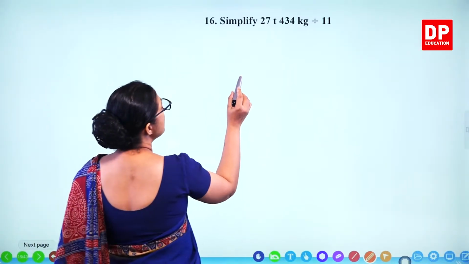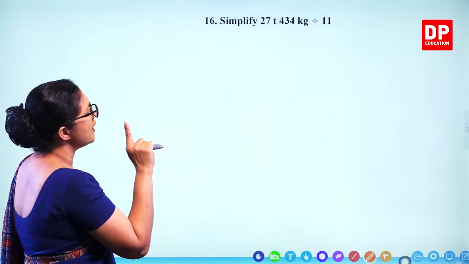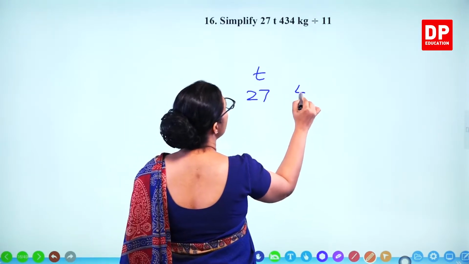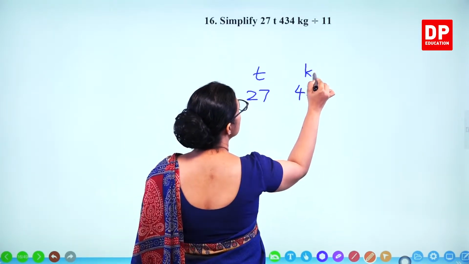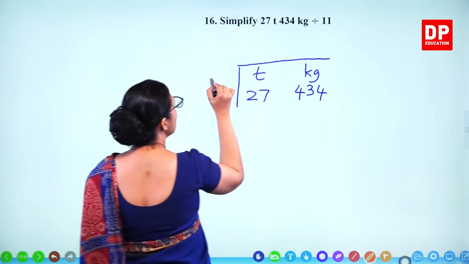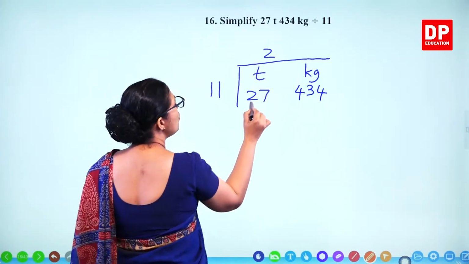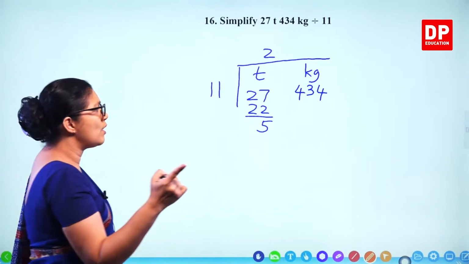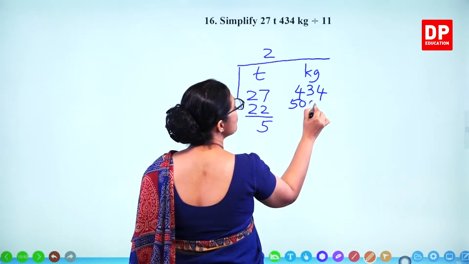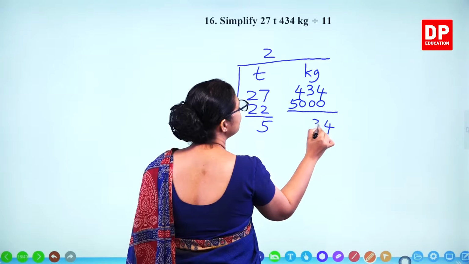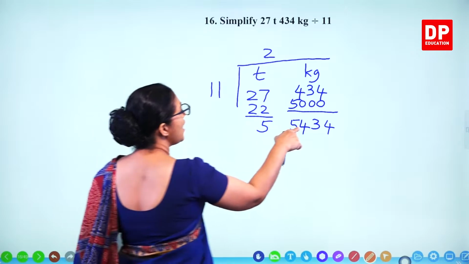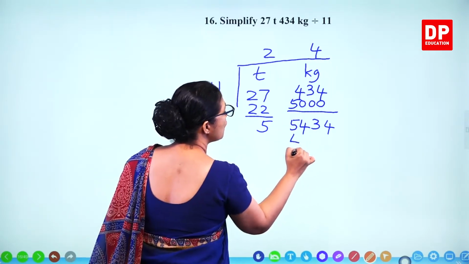Question number 16. Simplify. 27 tons and 434 kilos divide by 11. 27 tons divided by 11. 11 times 2, 22. So 5 remaining. 5 tons means 5,000 kilograms. So you can add 5,000 to that. So what you get? 5,434. 11 times 4, 44.